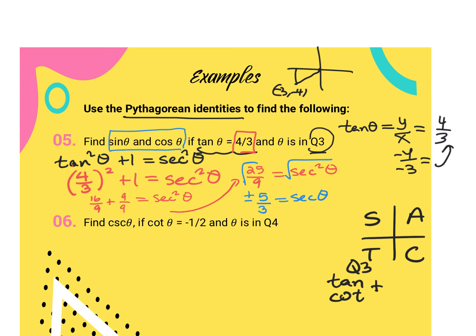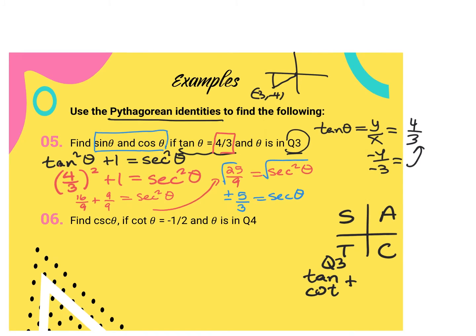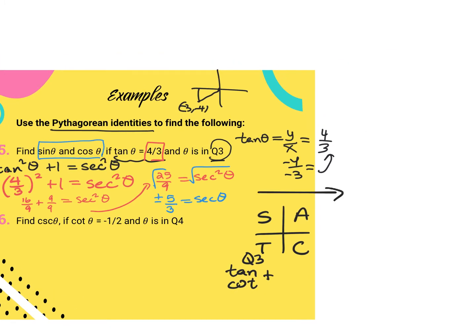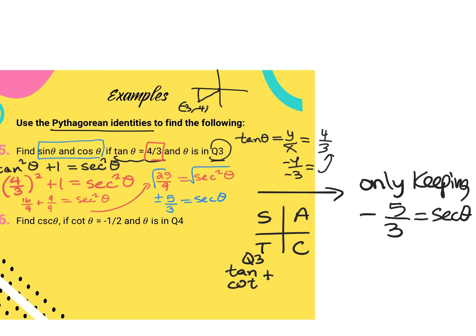All the other answers are negative. So this tells me this secant answer, I'm going to get rid of the positive and only keep the negative. So from here, I'm only keeping negative 5/3, which is equal to secant in quadrant 3.